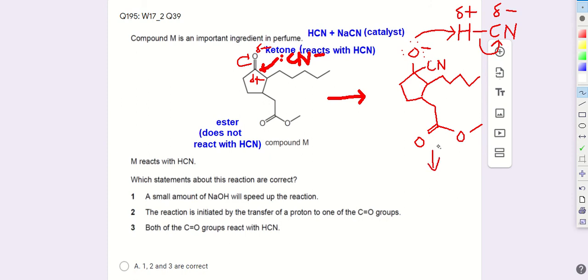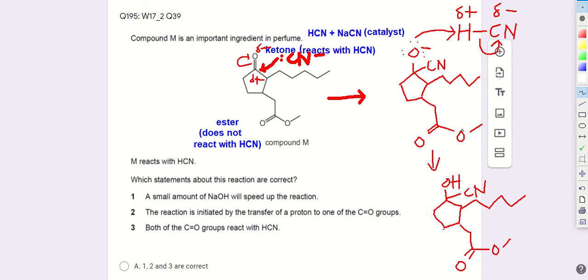So at the end, we get our hydroxynitrile: OH, CN. The rest, no change. Sorry, I have a bit of OCD as a chemist.